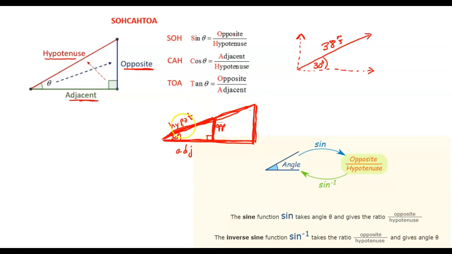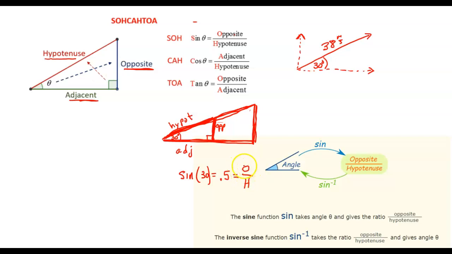So let's do an example. The sine of 30 degrees equals 0.5. If we plug that into a calculator, we're going to get 0.5. And that equals the ratio of the opposite side over the hypotenuse, since sine is opposite over hypotenuse.